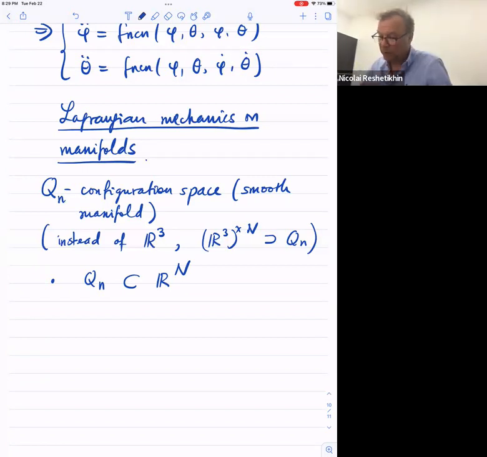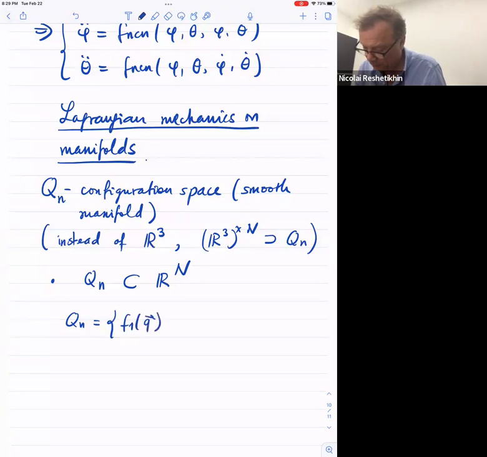So how do you create a subset in Rn, which has a potential to be smooth? You define it as a level set of n minus n functions.